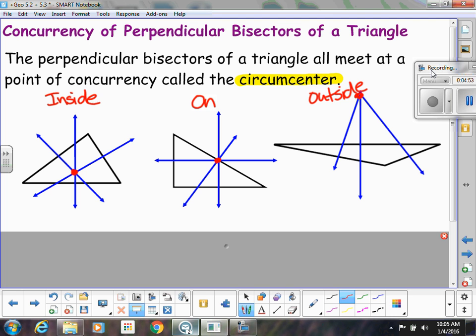And the reason we call this the circumcenter is because this point of concurrency is the center of a circle that is circumscribed around that triangle. So if I draw a circle with this point, well, my center is a little off. Let me redo that.